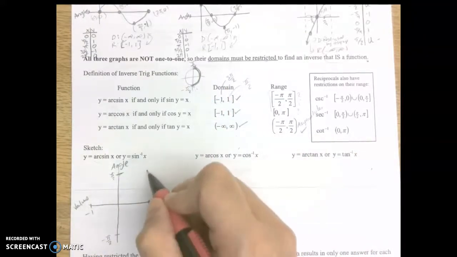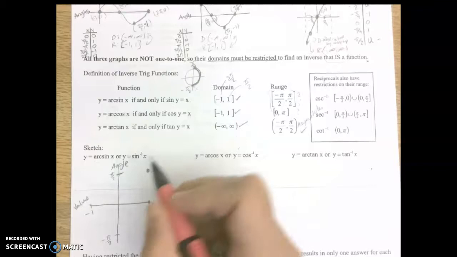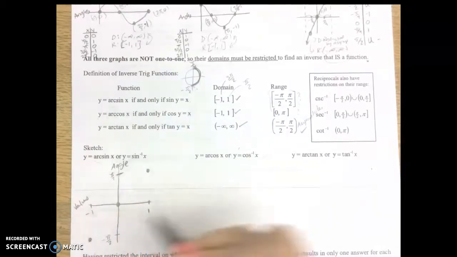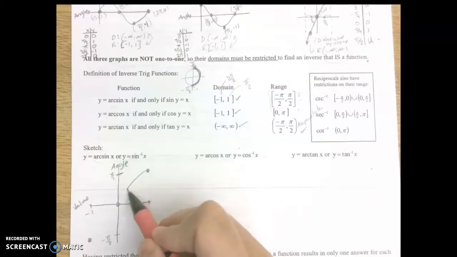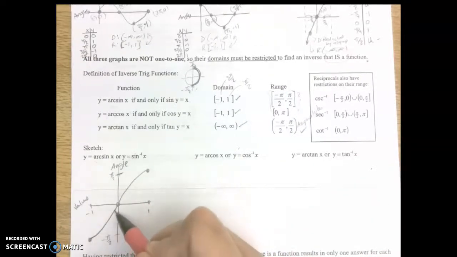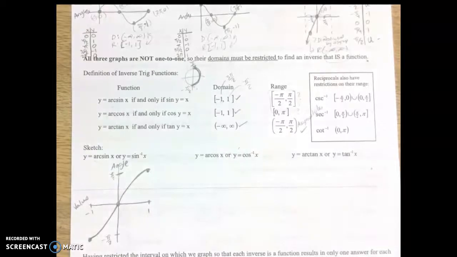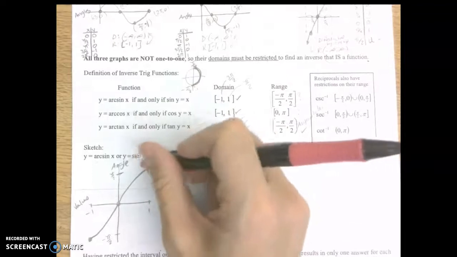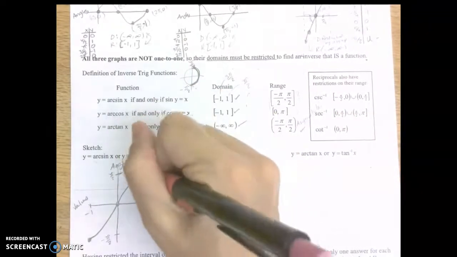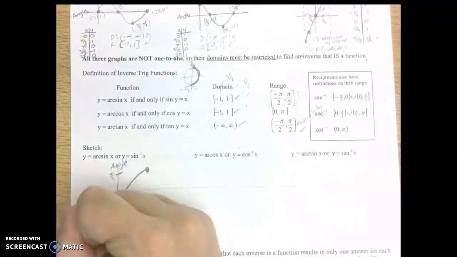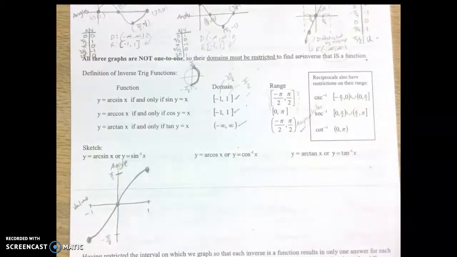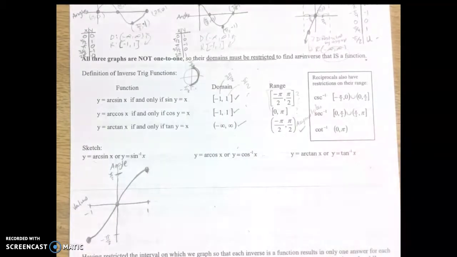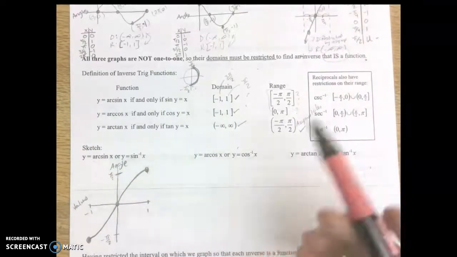So the maximum of 1 is at pi over 2, and the minimum will occur here. And so my arc sine function will look like that, restricted. So it doesn't go on forever. It stops right there at that point. It stops here. And these are all the values that I can basically get out of the inverse sine or the arc sine.